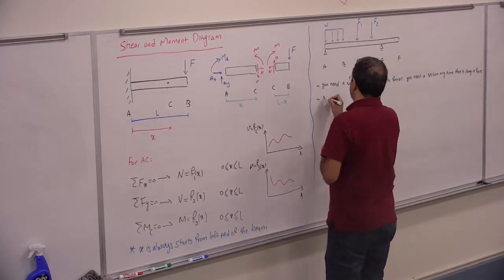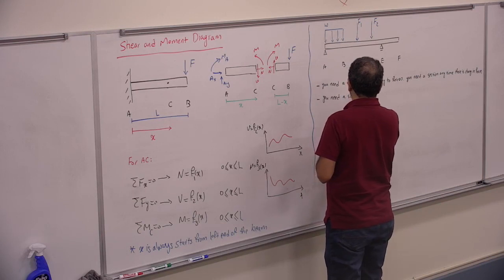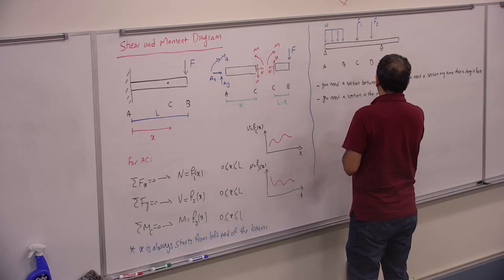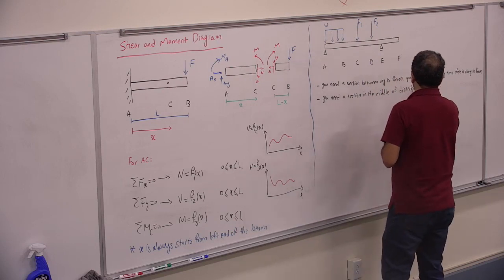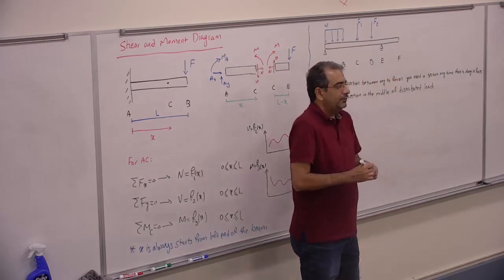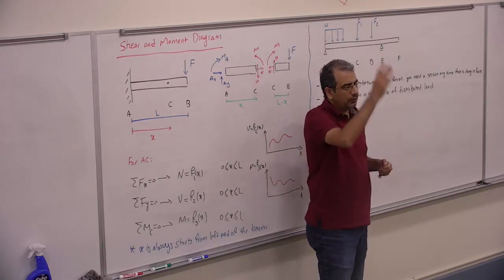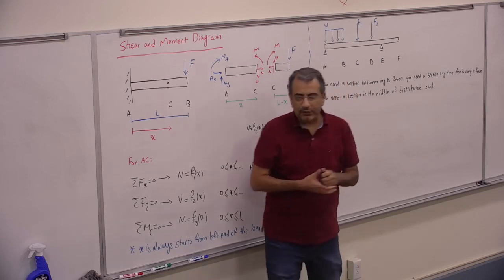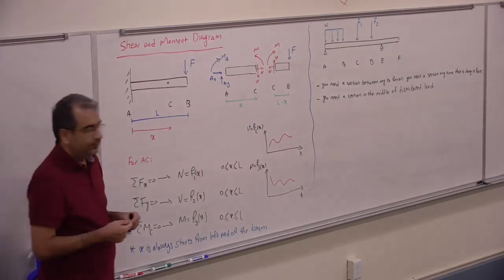The second one is that you need a section in the middle of a distributed load. So anytime you have a distributed load, by the middle I don't mean just right in the middle. Somewhere you have to cut the distributed load, somewhere where you have the distributed loads. So these are the two rules that you have to follow.